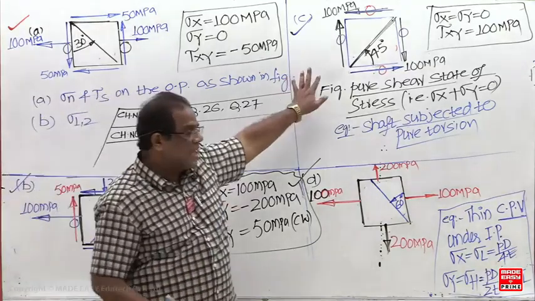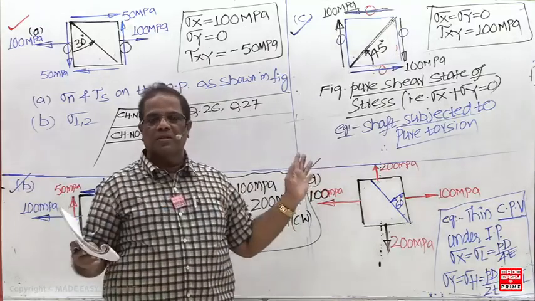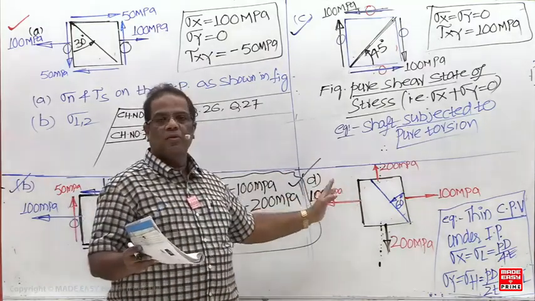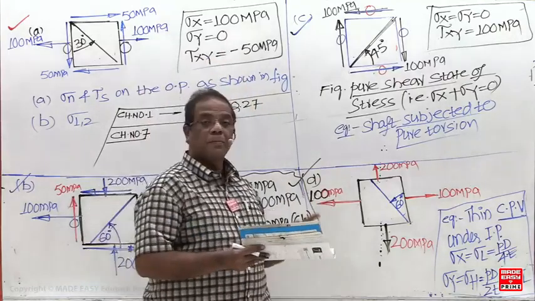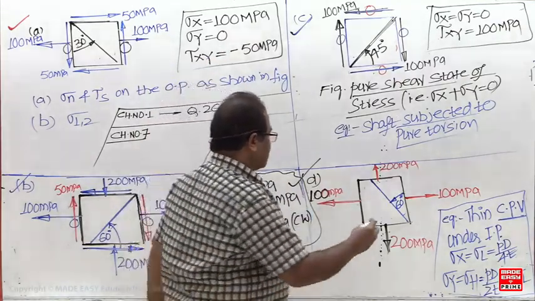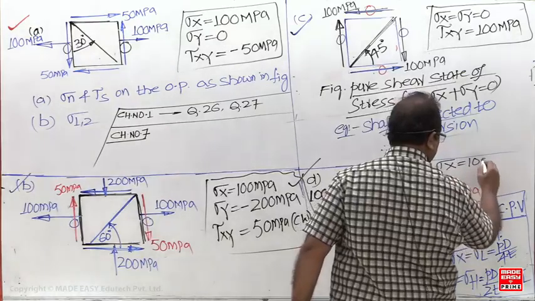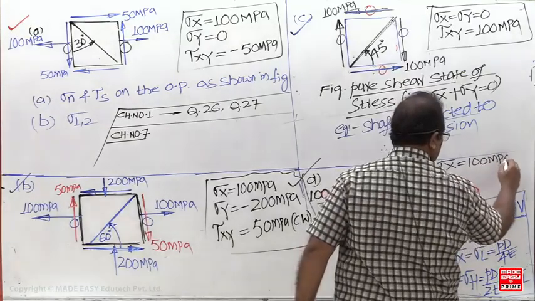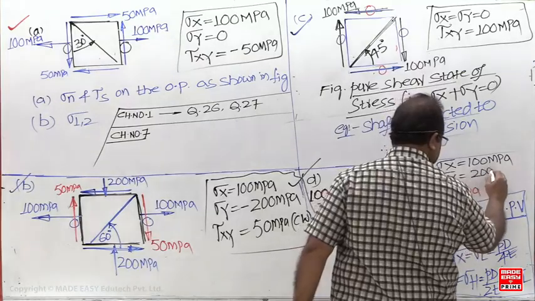In an objective exam, they directly give the state of stress. If the state of stress is given, the problem is simple. Only you have to remember the sigma equation and do the proper sign convention. Here, sigma x is plus 100, sigma y is 200, and tau xy is 0. So directly they are the principal stresses.